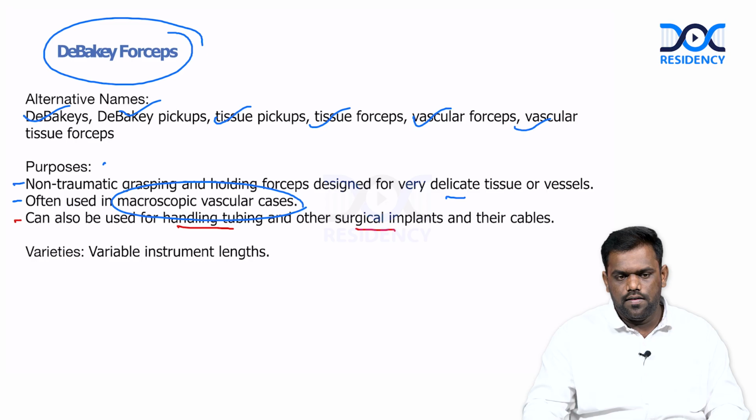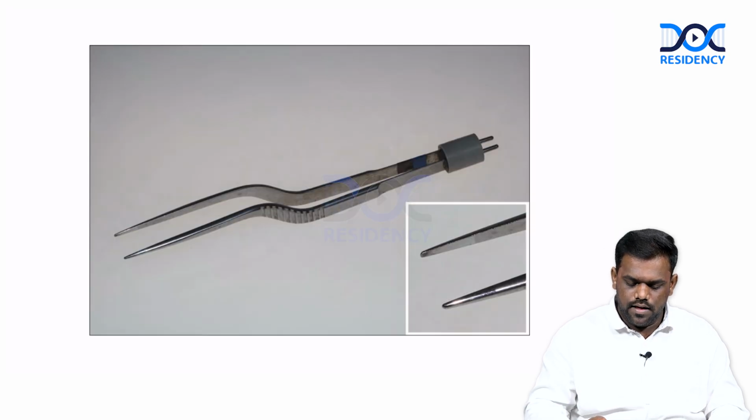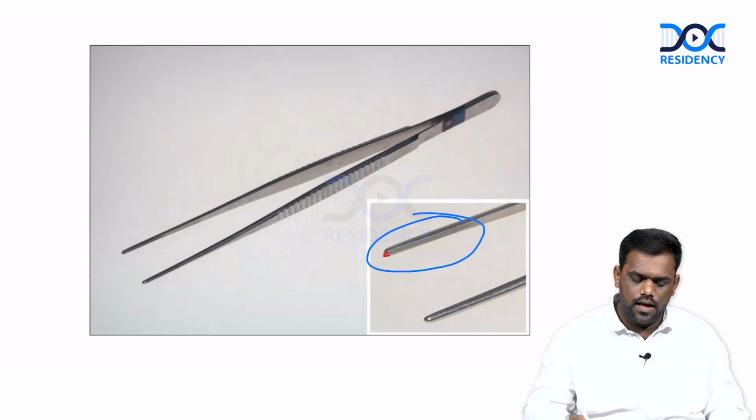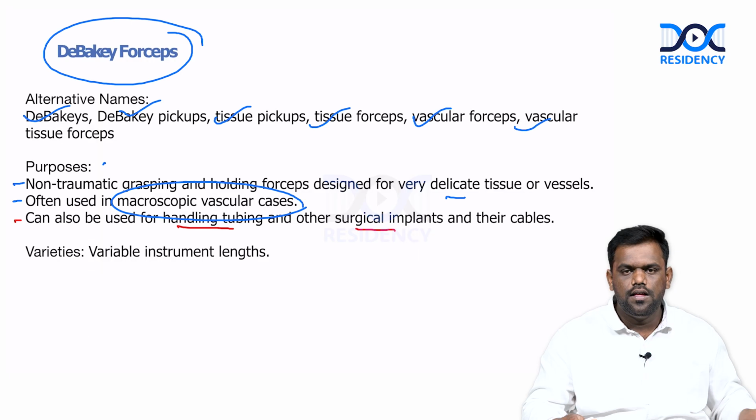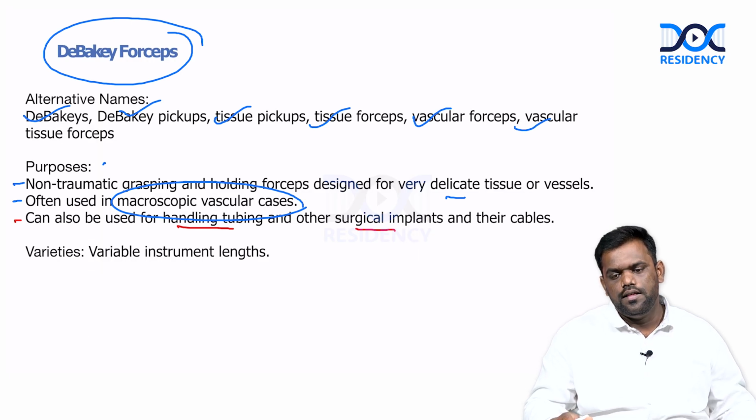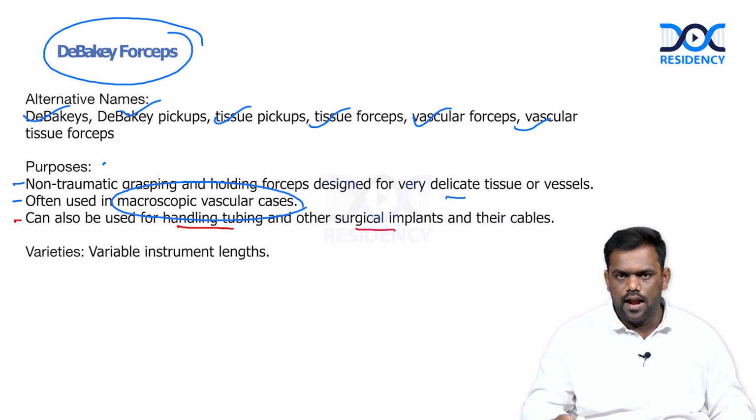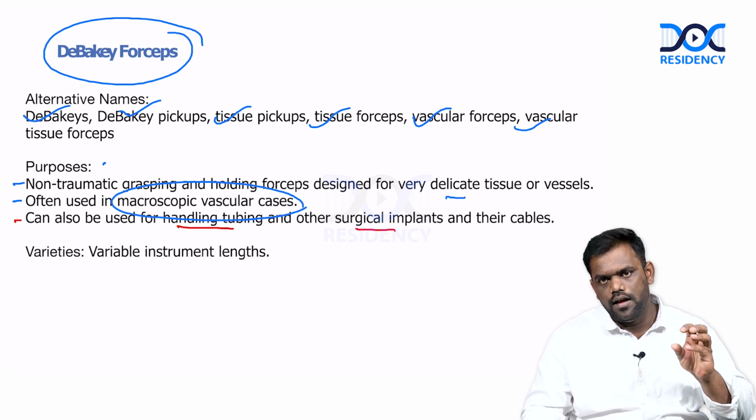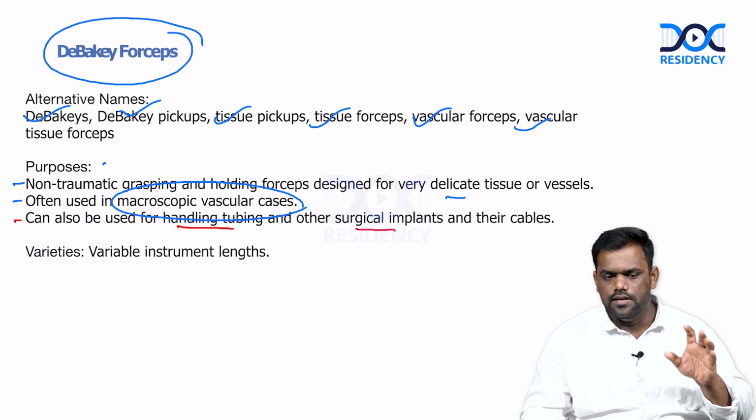It's very useful because the tip is very narrow, so it can be used for holding surgical implants or handling tubes. It doesn't have any teeth, so it will not damage the rubber tubes and other implants that we are using in surgery.